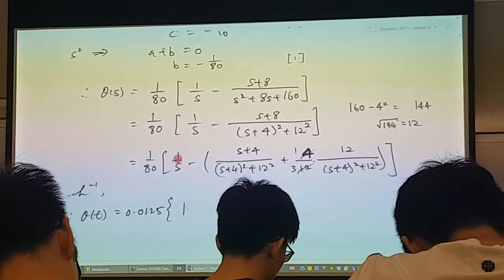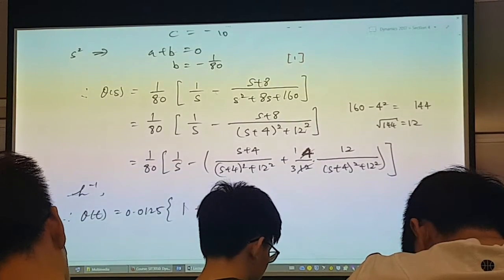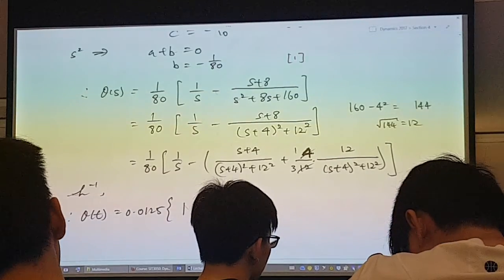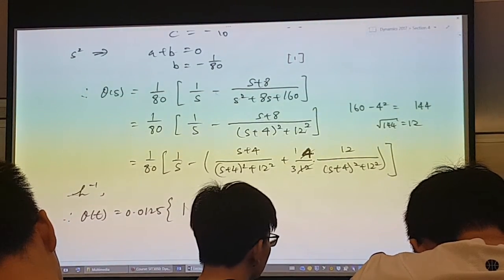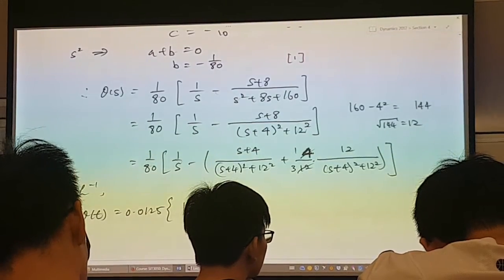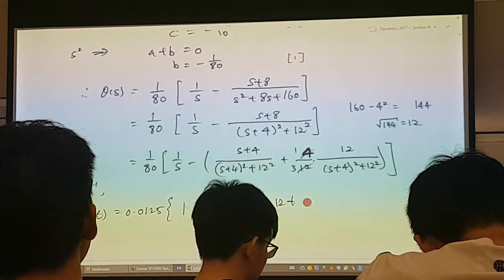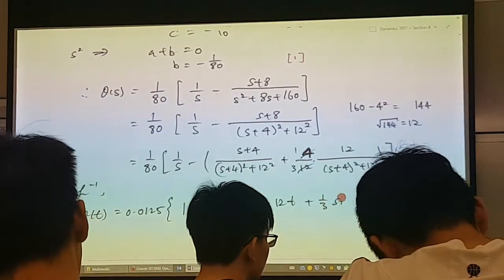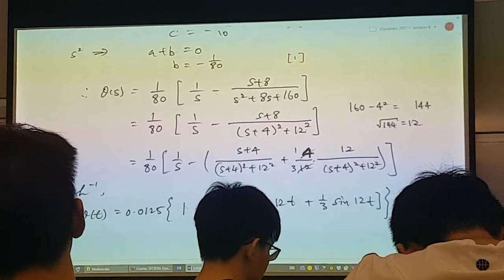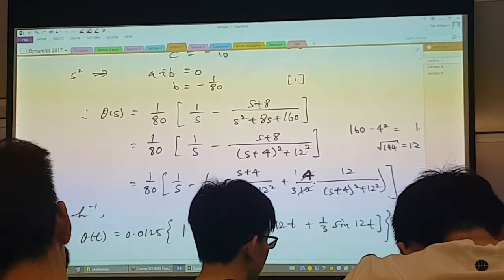And then the inverse of plus 1 over s is 1. And then the inverse of all this, I already know, with a common factor, e to the power minus 4t, and then cosine 12t plus 1/3 sine 12t. So if you are able to do that, you get 3 marks.